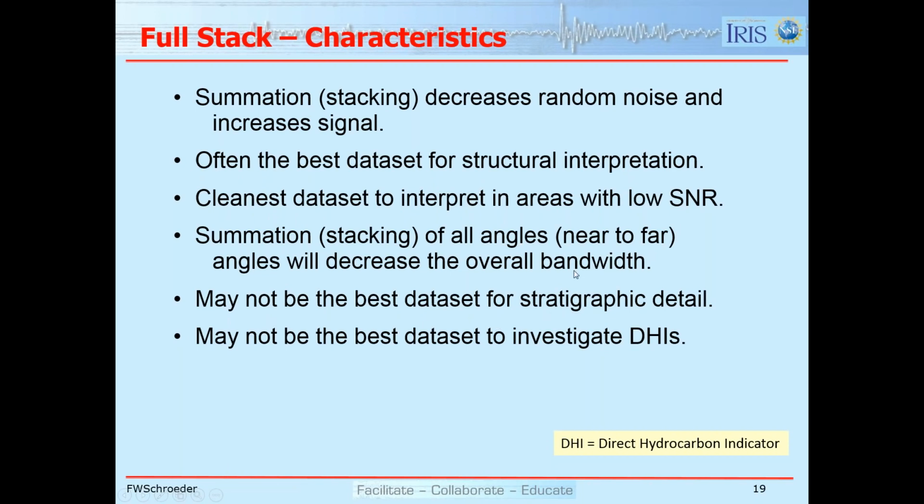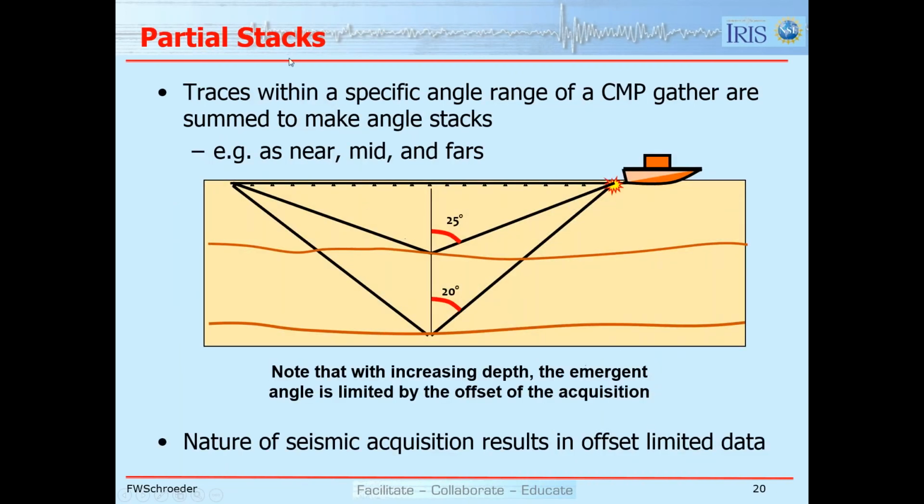And the bandwidth is the range of frequencies that's within the data set. And it also may not be the best data set if we're investigating certain types of direct hydrocarbon indicators, DHIs. We can generate, instead of a full stack, a partial stack.